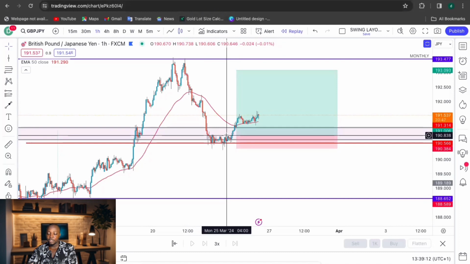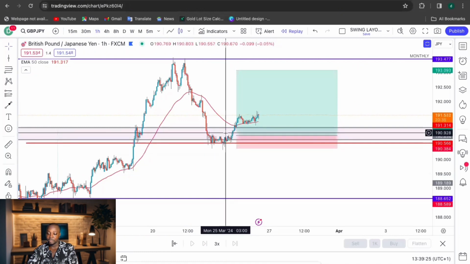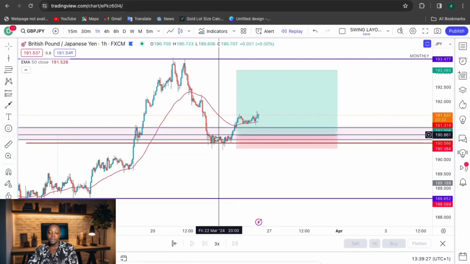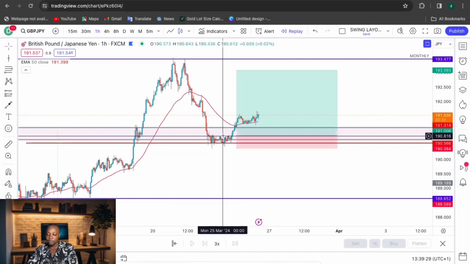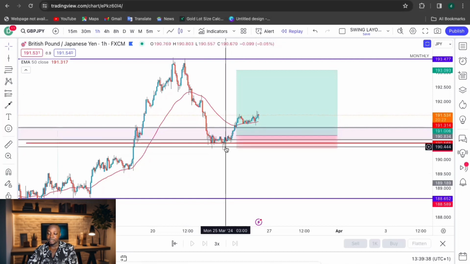Now, after you have gotten an entry, you need to know how much you are going to risk. How you calculate that is you find the pip value of your risk. So normally you're meant to calculate from the price of your entry to the price of your invalidation. That whole length is your risk.